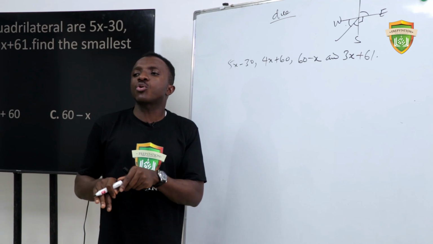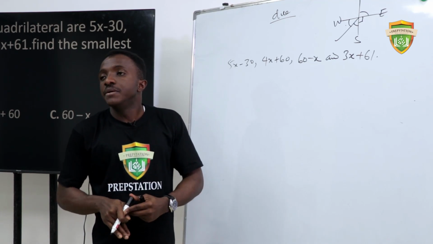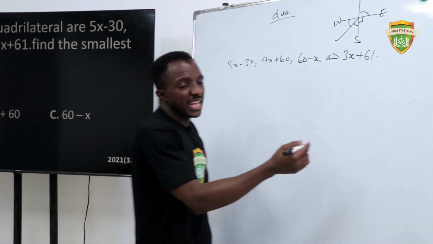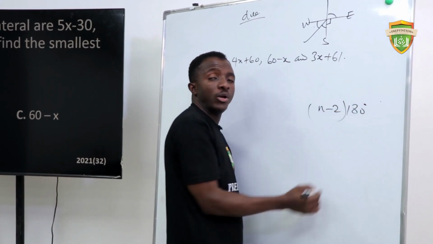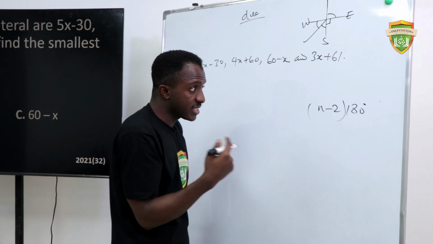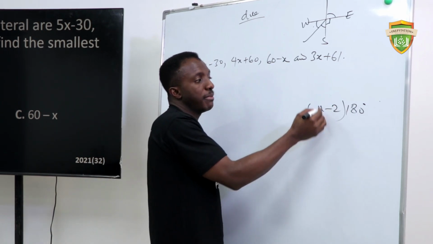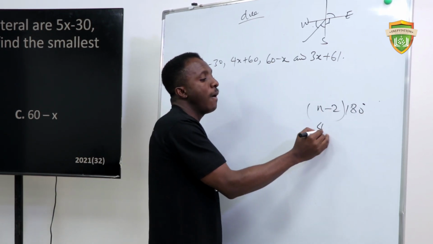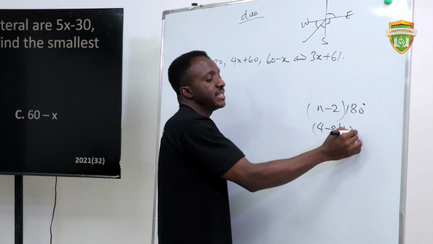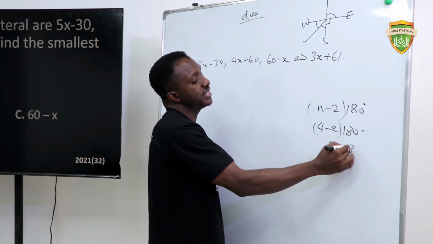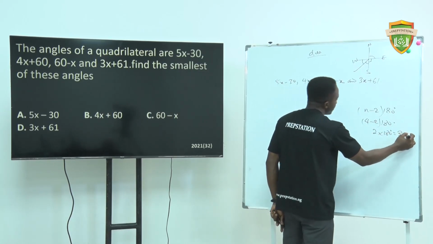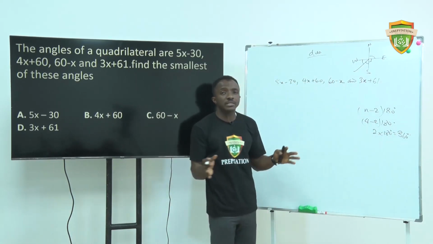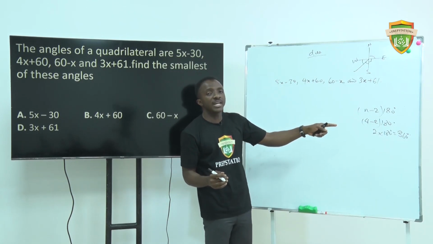So the sum of angles in a quadrilateral is 360 degrees. I can give you a formula for that. This formula was used for your polygons. We're going to use that in another question. Now, remember the number of sides is 4. So 4 minus 2 times 180. 4 minus 2 is 2 times 180 degrees, which confirms what I said earlier, 360 degrees.